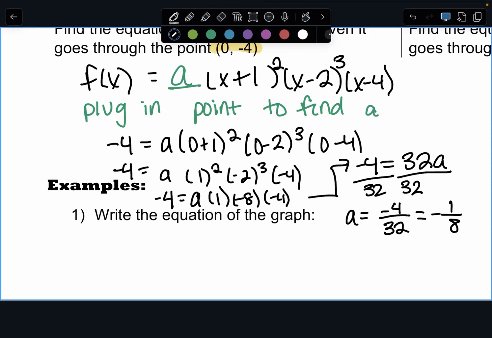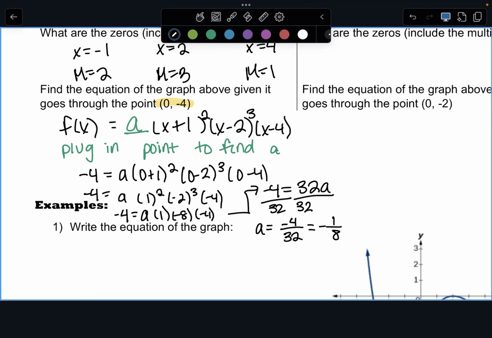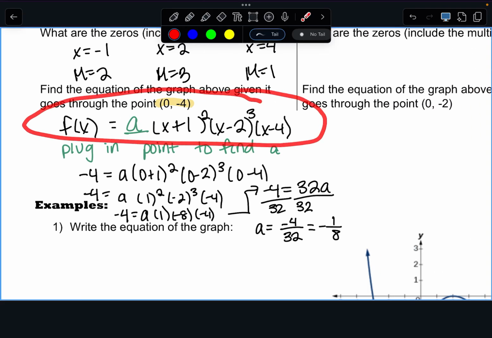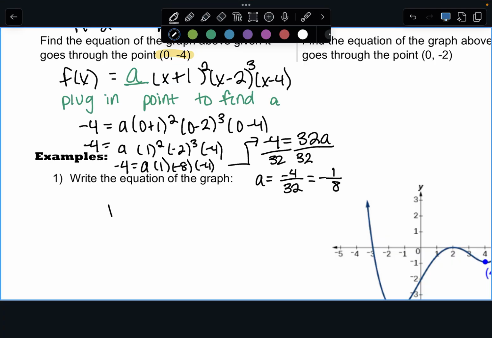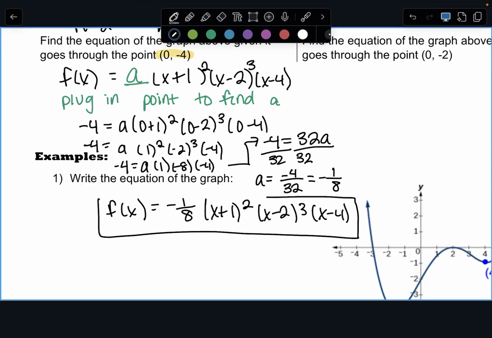I've done all the work now. I just need to take this equation that I originally wrote and change that A back to what A actually is. So my final answer is I have -1/8 times (x plus 1) squared, (x minus 2) cubed, and (x minus 4).